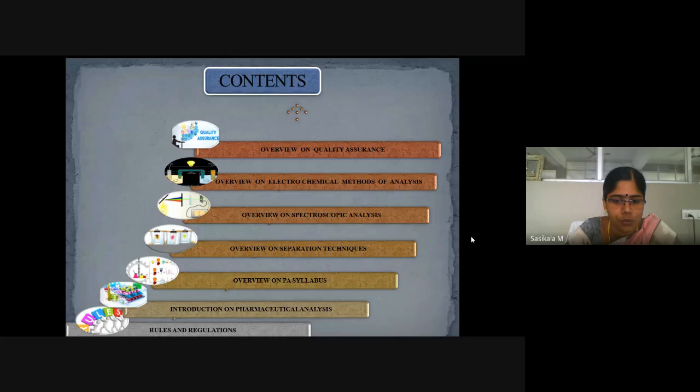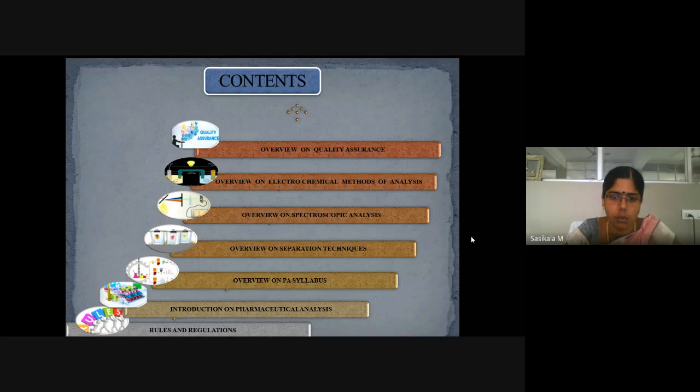Then the introduction on pharmaceutical analysis. Then an overview on the pharmaceutical analysis syllabus, both theory and practical. And then an overview on separation techniques. Then spectroscopic analysis. Then electrochemical methods of analysis, and quality assurance.